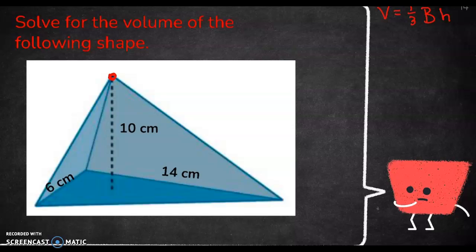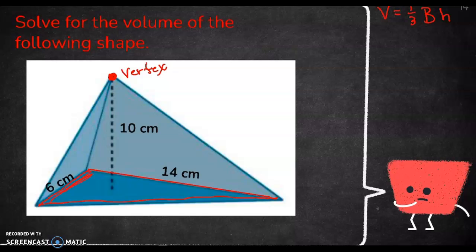And I know it's a pyramid because of a vertex. Okay. And again, if we look directly across from the vertex, we'll have our base, which is a triangle.